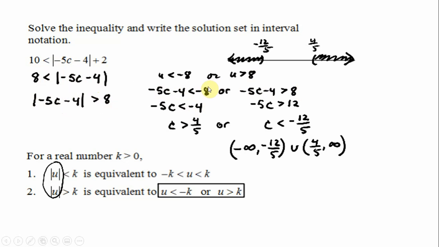Solve: plus 4, divide by negative 5, change the sign, the order right here, and that gives us c bigger than 4/5. Plus 4, divide by negative 5, change the order, or c is less than negative 12/5. So here's this piece from there, and then there's that piece in there.